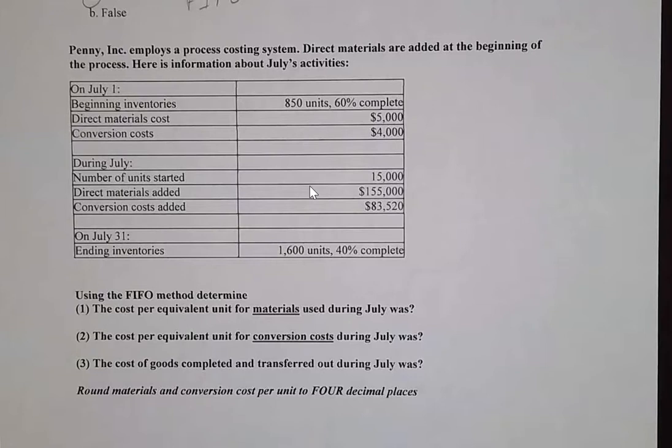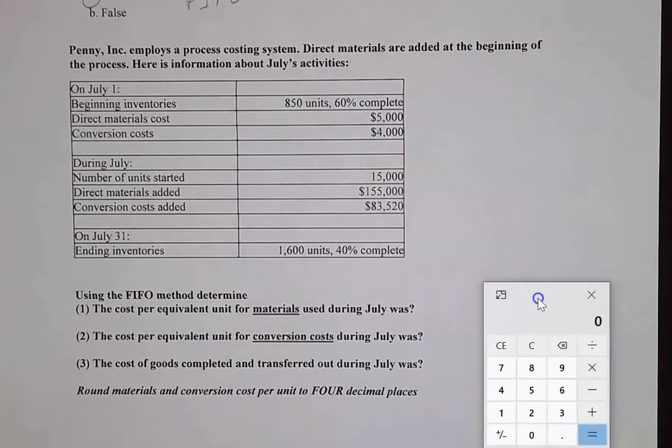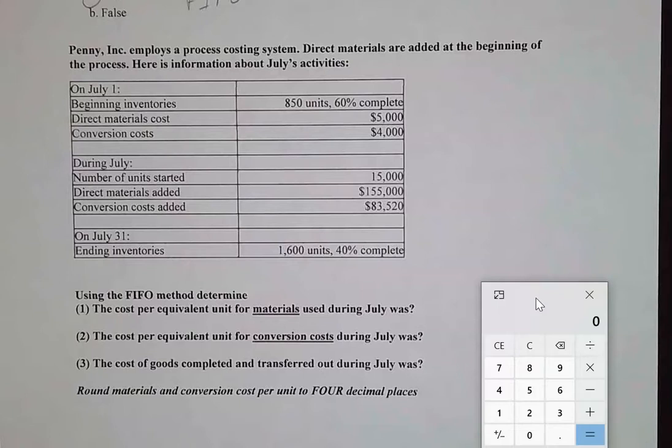Well, what it does not tell us, but we're going to have to do, is convert to the number of equivalent units. So let's go ahead and actually do that first, because if we don't do that, we can't do anything else. Now, this is the example that we had before, so we've actually already done this. What we said was that we started 15,000 units in the period, but that 1,600 of those weren't done.